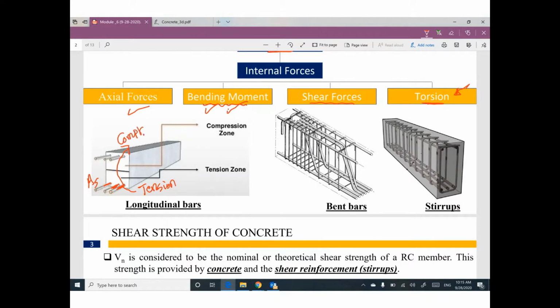Your steel reinforcement comes to support this tension, because concrete cannot do this.